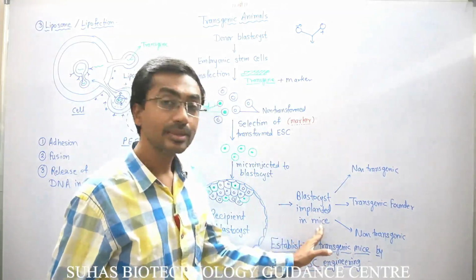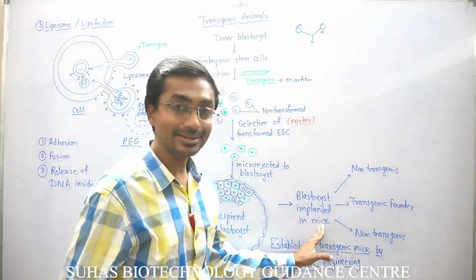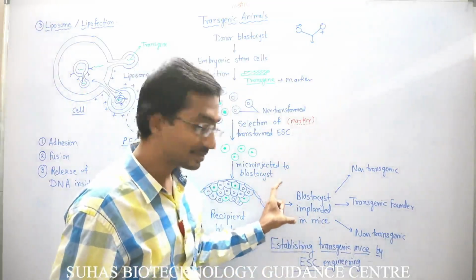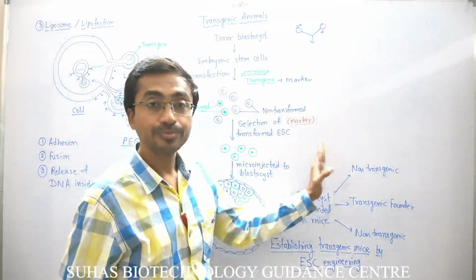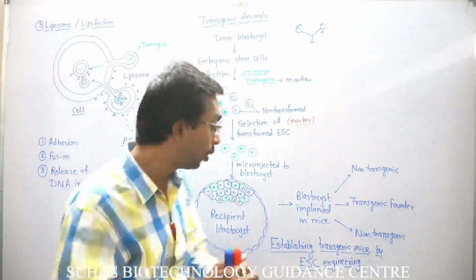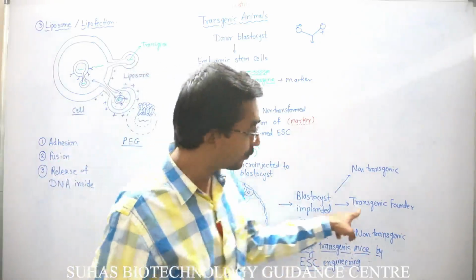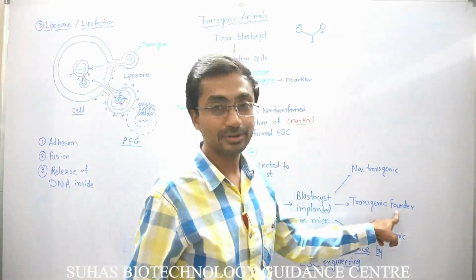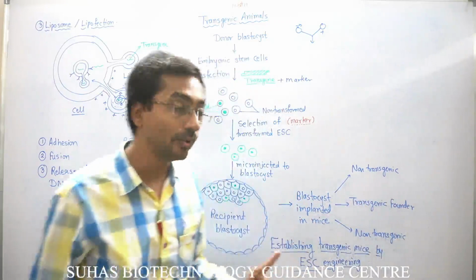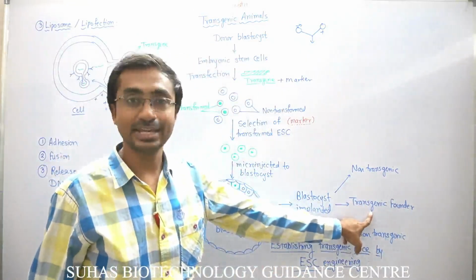It can be sheep also, it can be cattle also, and when it is re-implanted, that female will give birth to the individual. Most of them are again non-transgenic, means though the gene is present, it is not expressed. But a few might be the transgenic founder, and these are selected, and this is how this method can be used for forming a transgenic animal.